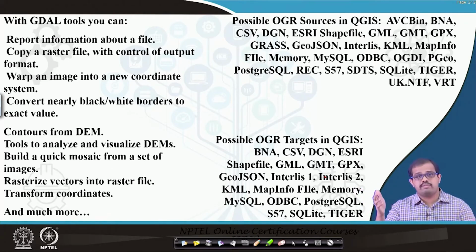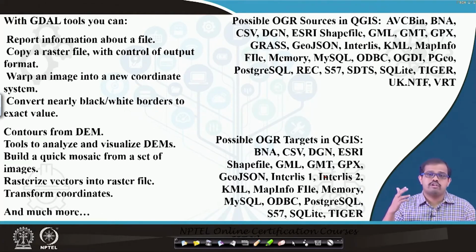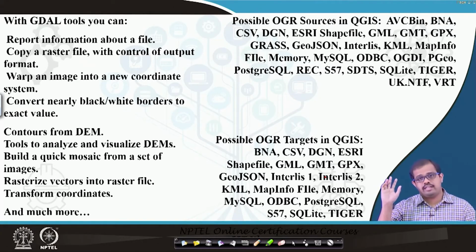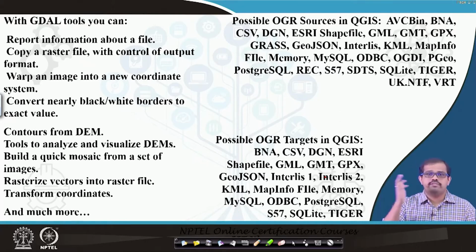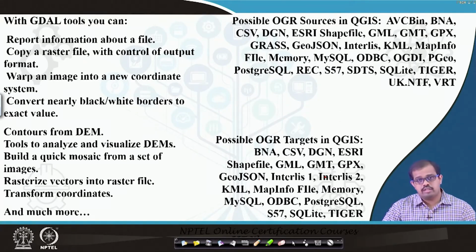Okay, so this can also be handled effectively by GDAL tools. It can derive contours from a DEM, provide tools to analyze and visualize DEMs, build a quick mosaic, rasterize vectors into a raster file, and transform coordinates. Anything that you ask for as far as the raster data model is concerned, all of these things can be done by GDAL.